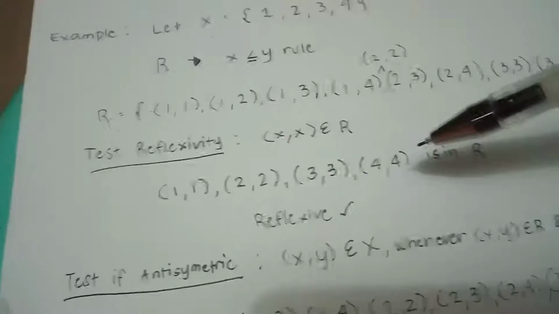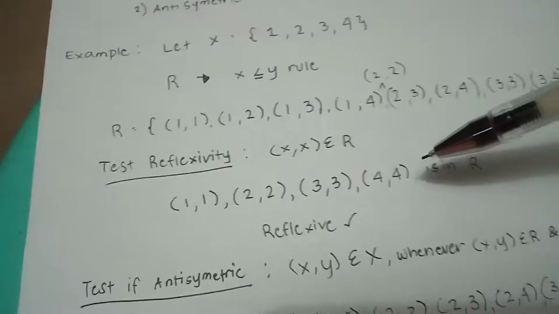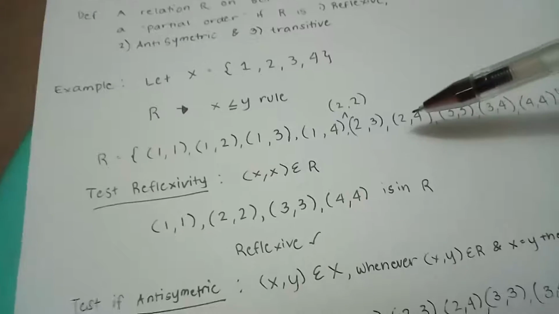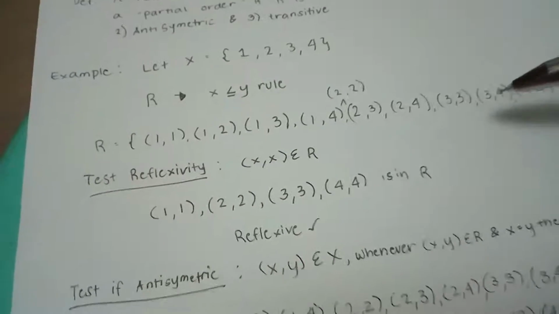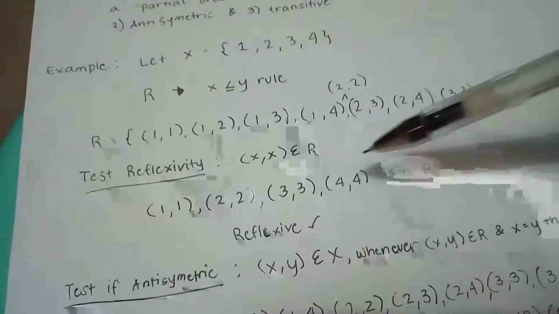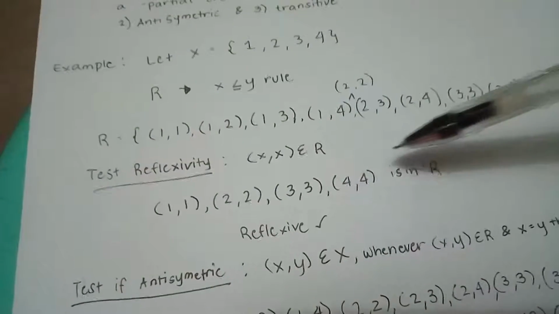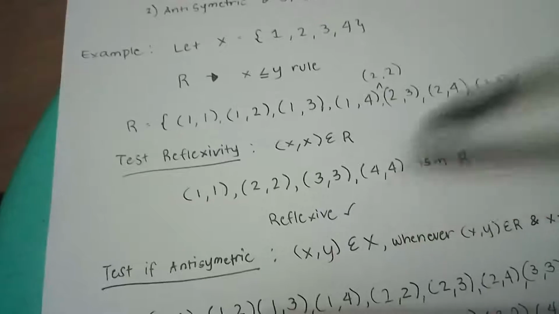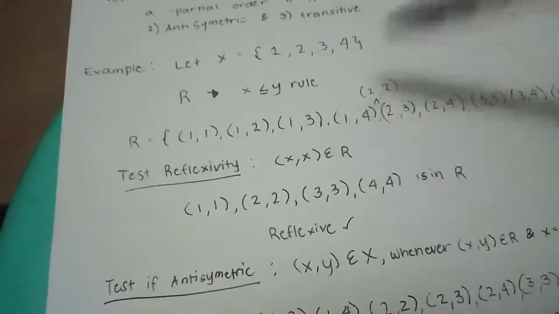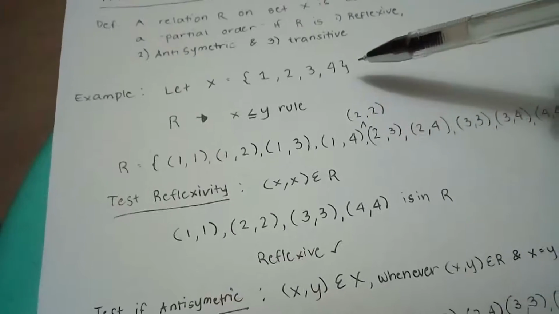Then kung mapapansin natin, lahat ng yan eh nasa ating relation na nakuha kanina. Yung (1,1), yung (2,2), yung (3,3), and yung (4,4). So since lahat ng itong apat na ordered pair nito nasa relation natin, sabi natin na ito ay reflexive.